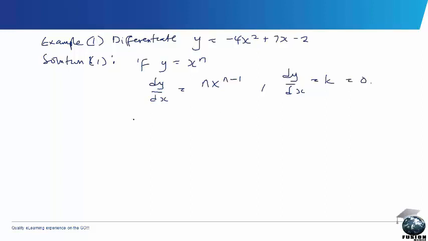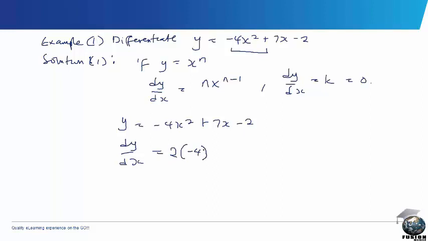Alright, and so for y equal to minus 4x squared plus 7x minus 2, we can say that dy/dx is equal to: we have n. So n for 4x squared is 2, and so you have to bring down 2 and leave 4 the way it is.